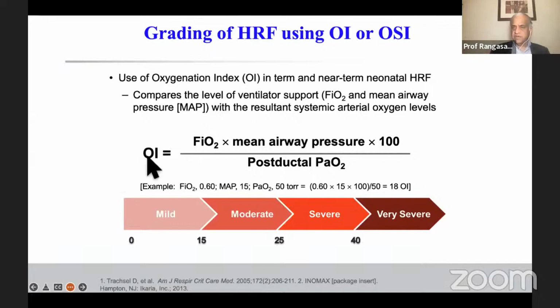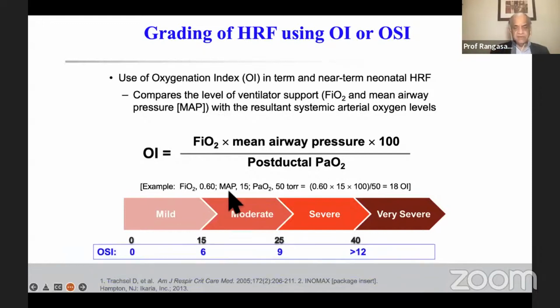And all of you know how oxygenation index is calculated. The problem with the oxygenation index is you need a measurement of PaO2, post-ductal PaO2. Most of the studies used post-ductal PaO2 in the OI calculations and prediction. So a few years ago, we looked at, and others also published similar data on, using the oxygen saturation index.